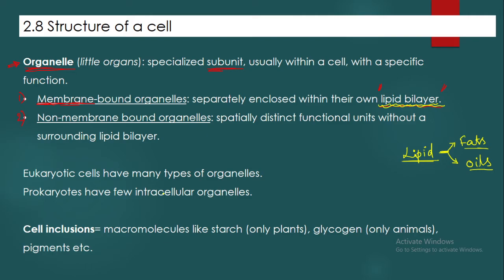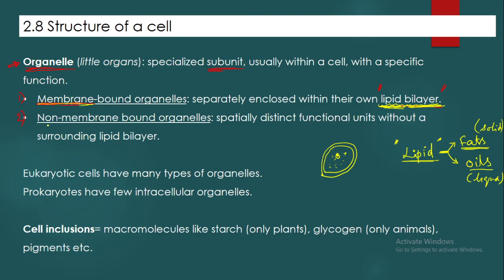So lipid bilayer. Generally the cell will have two layers of lipids around it, and inside, some different structures will be there. Maybe a little bit of an imagination problem is coming, but we will cover it.